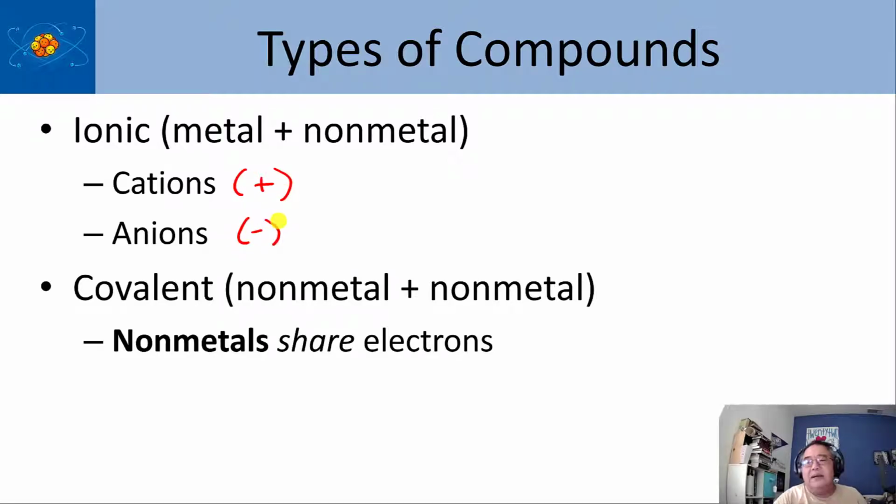And we talked about this in earlier chapters, that from the periodic table, we can look at an element's position and determine what kind of ion generally it will make. So cations are the metals, and they lose electrons.